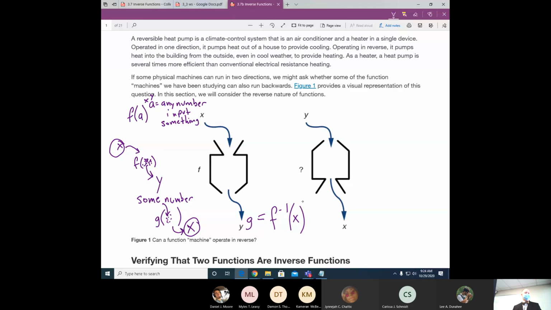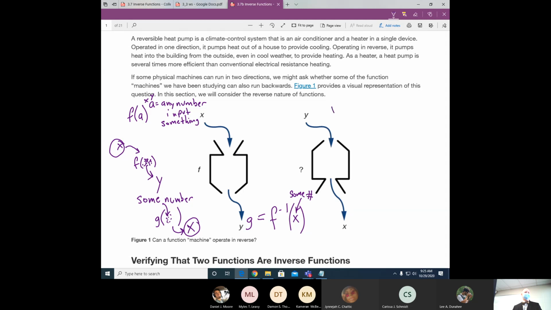So I will get back, and remember, what I feed into my inverse function is any input, some number. If what I feed into that inverse function is doing just the inverse of what f was doing, then we call it f inverse of x.